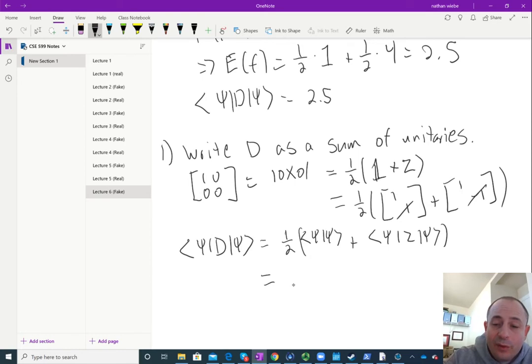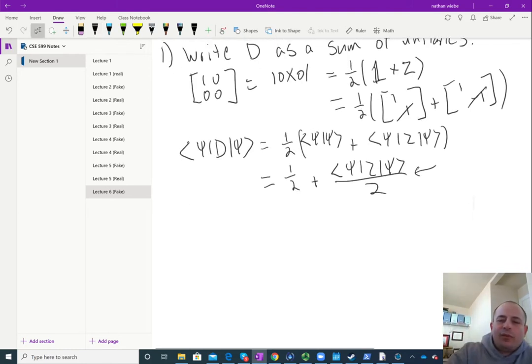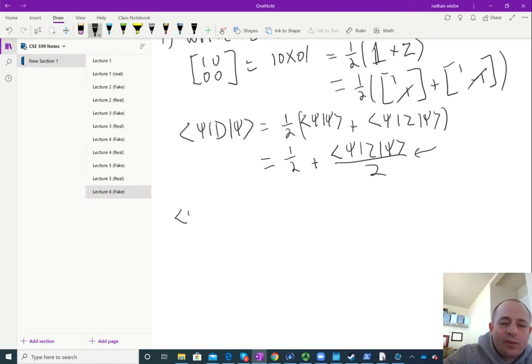And in this case, well, it's very simply just 1/2 plus the average value of this unitary operation over 2. But still, we don't necessarily know how to compute that. Now this over here is of the form psi u psi. Okay? So how can we end up doing this?